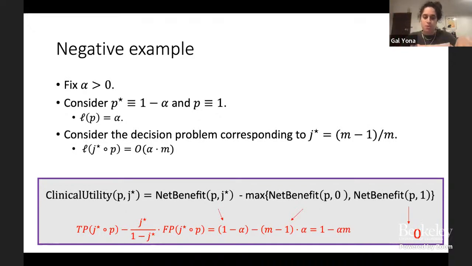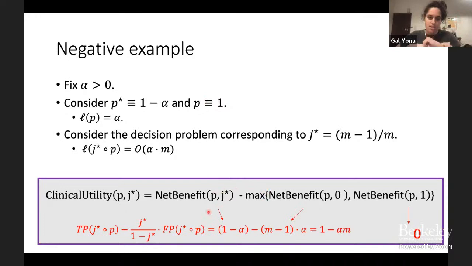You can go through the math of calculating the clinical utility here. The loss is just the negative of the clinical utility, basically the net benefit of the model and the net benefit of thresholding at 0. These two quantities are essentially the same, because when the predictions are 1 for everyone, you're just treating everyone.